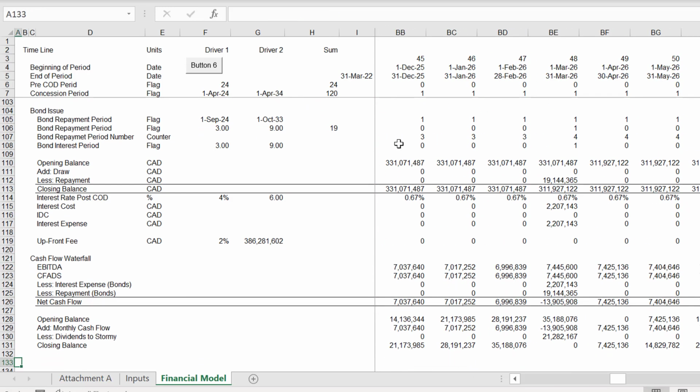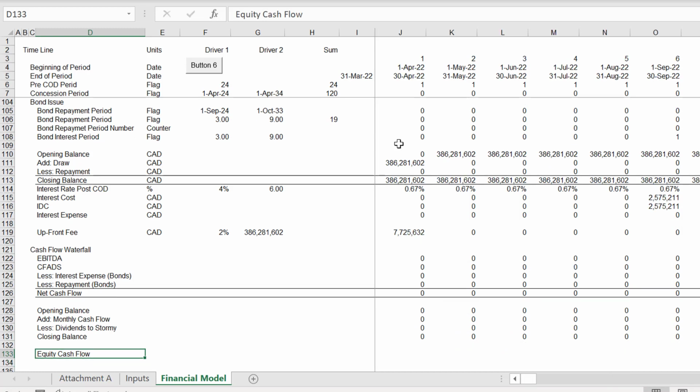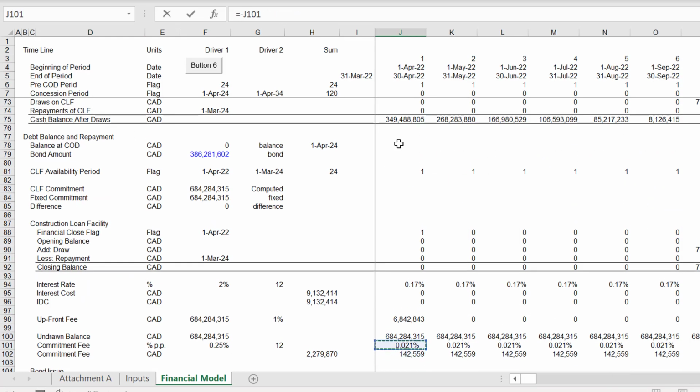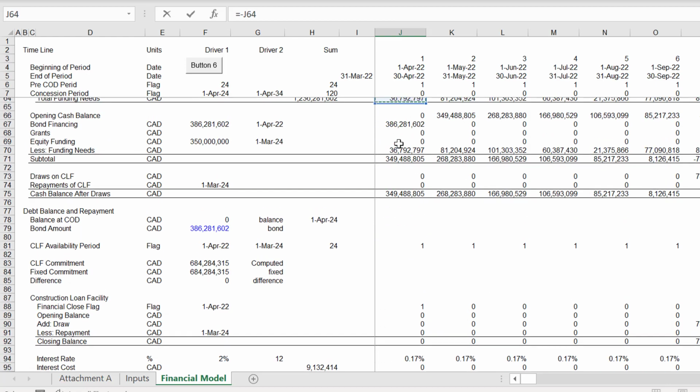And now finally, equity cash flow. Okay. And I'll put a minus on the amount from the sources and uses statement.